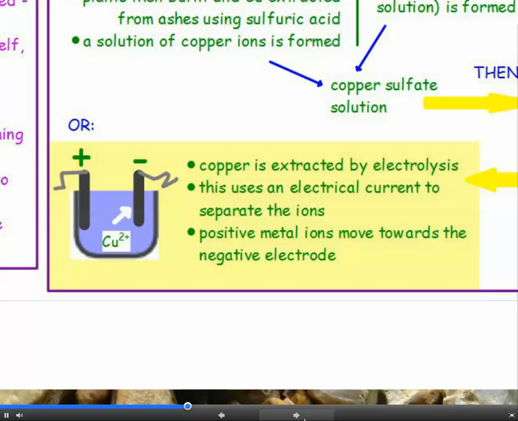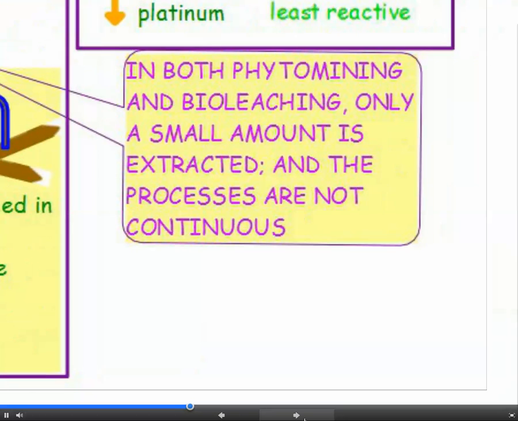The positive metal ions are attracted towards the negative electrode. So copper metal is deposited on the negative electrode. Both these methods, the disadvantage is that only a small amount is extracted and the processes are not continuous, so it's quite a slow rate of production.